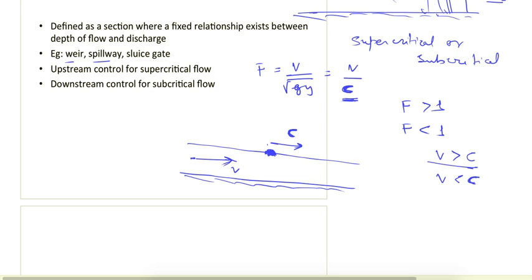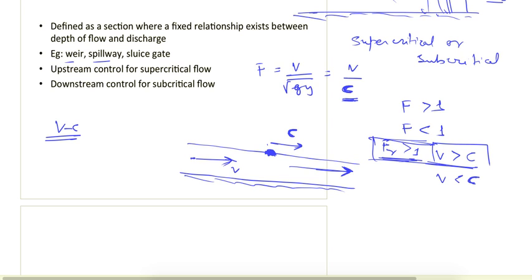Now if v is greater than c, this disturbance in this channel will be propagated at the velocity of v minus c, and at this velocity it will go downstream. So this is happening when the Froude number is greater than 1. So we can see here, if the Froude number is greater than 1, the disturbance will travel downstream and it is not traveling upstream.